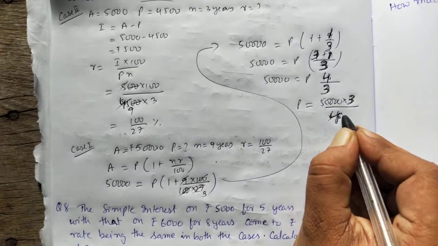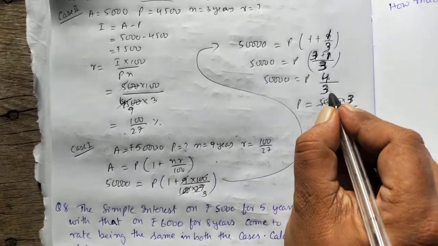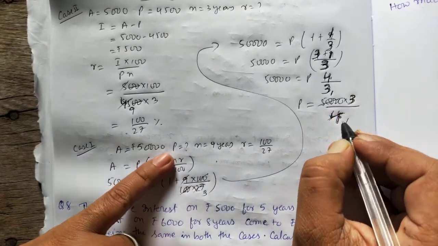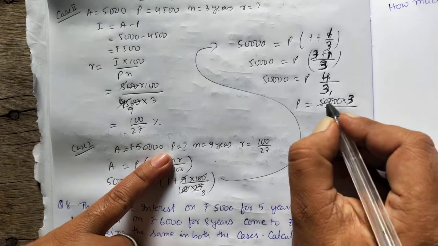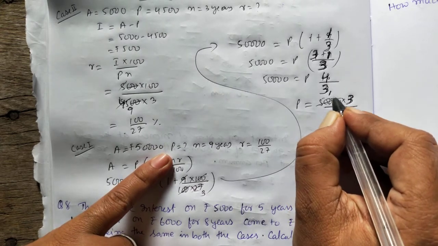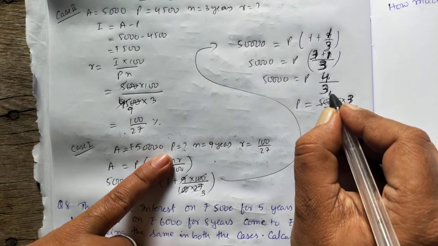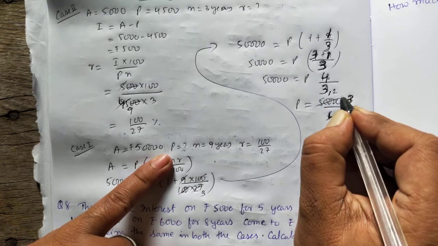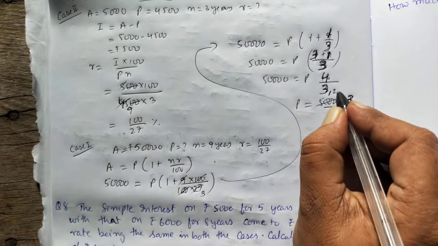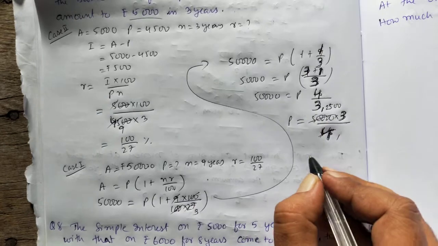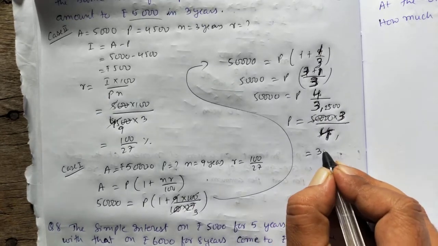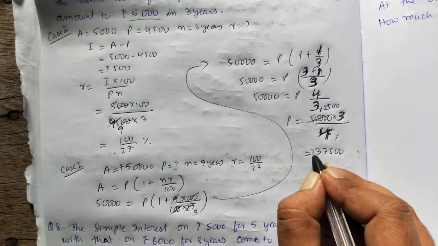You can cancel by 4. 4 1 times 4. Oh, sorry. 4 2 is 8. 4 5 0 0. So when you multiply, you get 37,500 is the answer. Okay.